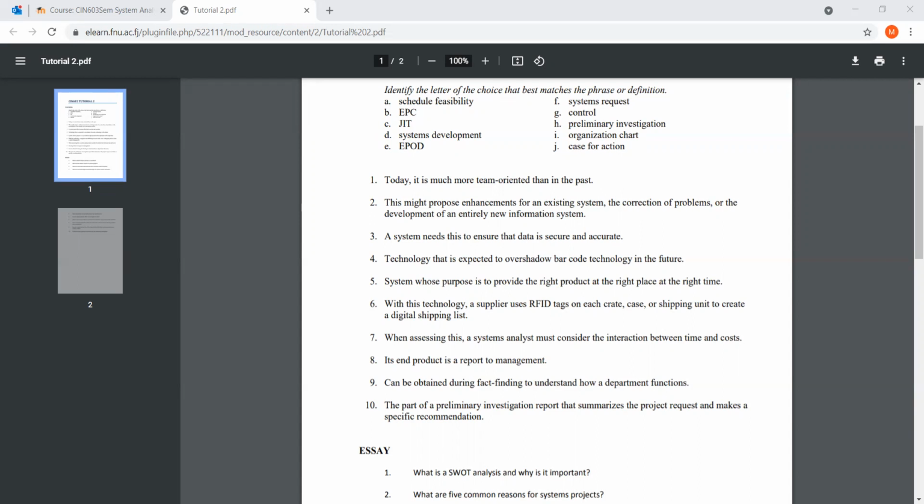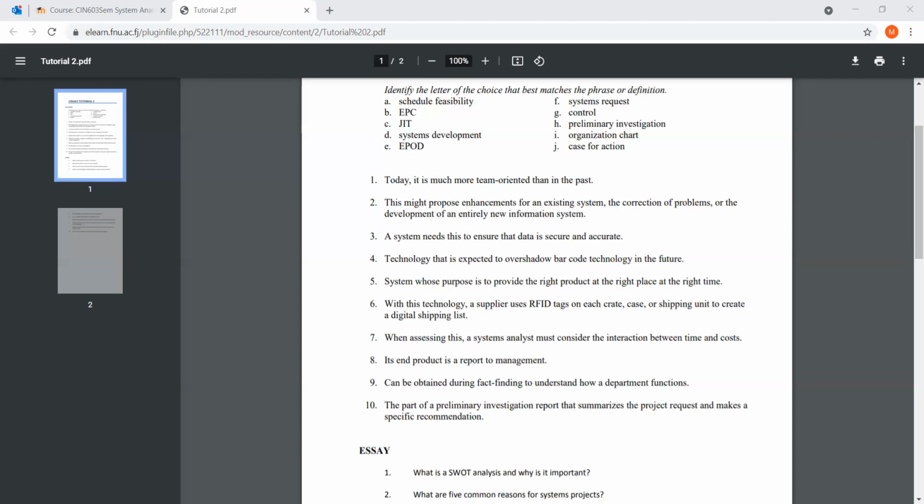Question number 7. When assessing this, a systems analyst must consider the interaction between time and costs. A, schedule feasibility. Question number 8. Its end product is a report to management. That's H, preliminary investigation.